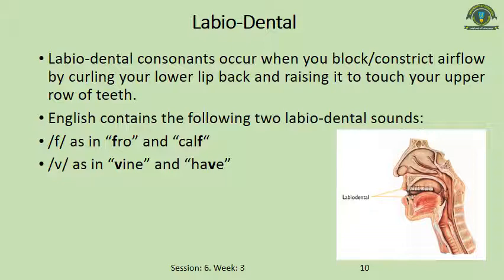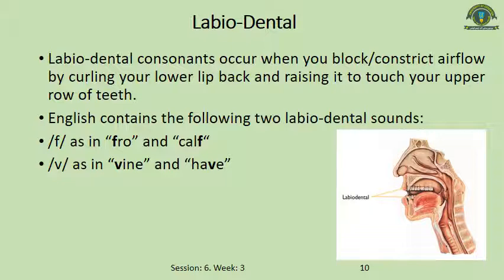Now the sounds we have are two. English contains the following two labiodental sounds. F and V. In simple words, you can say upper teeth, lower lip.